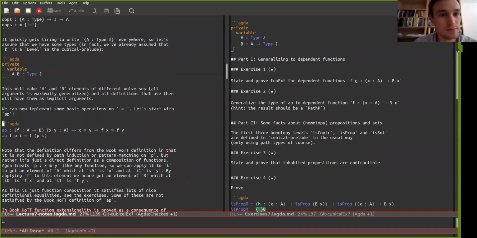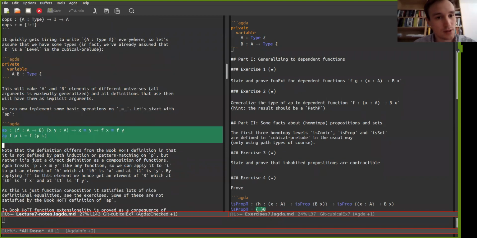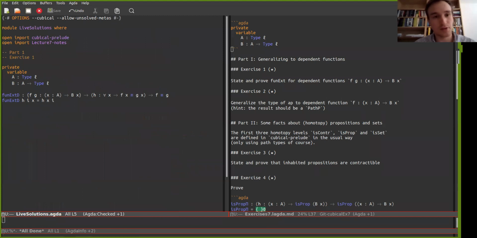Here it is. Okay, let's copy this. And then we go back with Alt comma, or Meta comma.